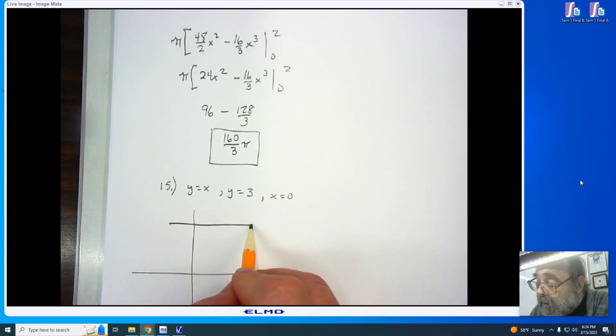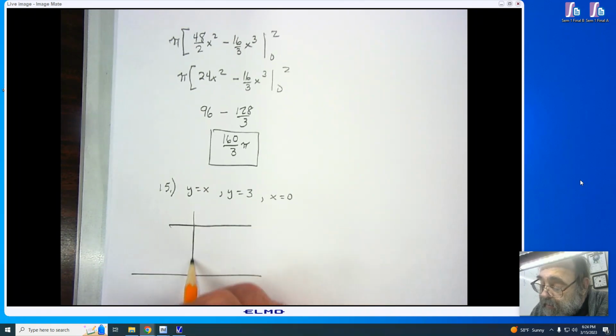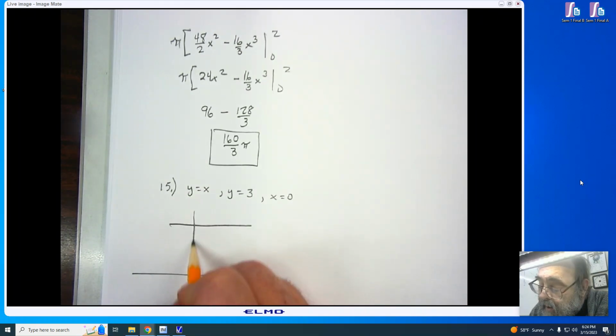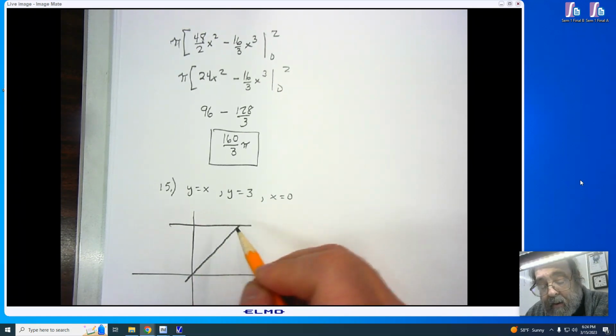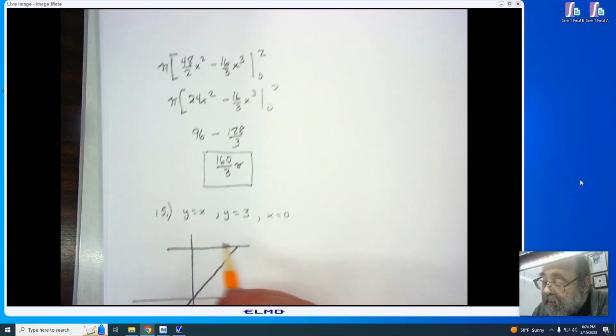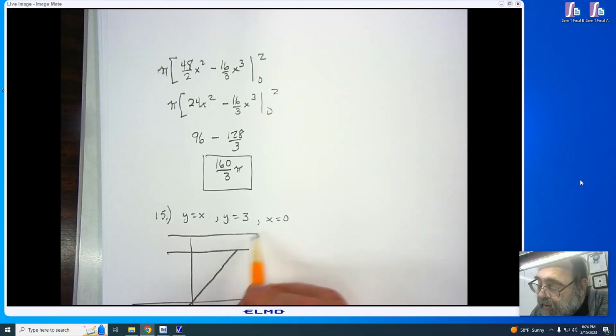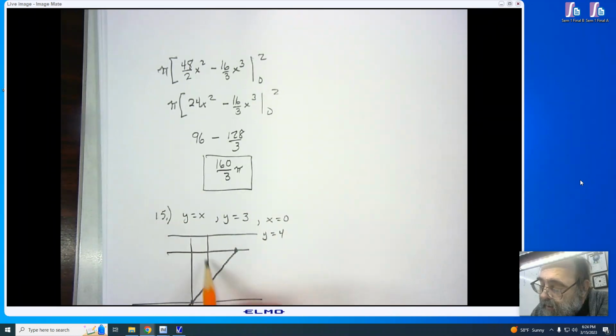Y equals 3 is a horizontal line. X equals 0 is that vertical going across. And then we have the slanting line here. We're revolving around y equals 4, which is up top. And once again, we can clearly see we're doing the washer method.